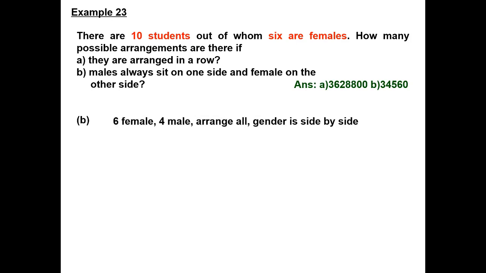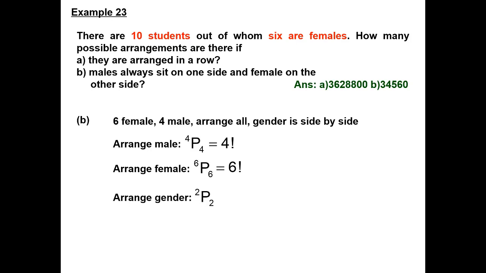Solution for B. We have 6 female and 4 male students and we want to arrange all of them with the restriction that the genders are to be arranged side by side. To arrange the male students, we have 4p4 which is equal to 4 factorial. Next, we arrange the female students. The permutation is 6p6 which is equal to 6 factorial. Lastly, we arrange the gender.